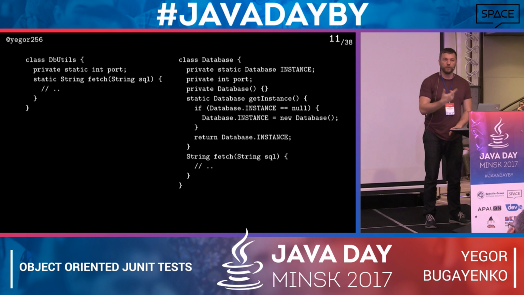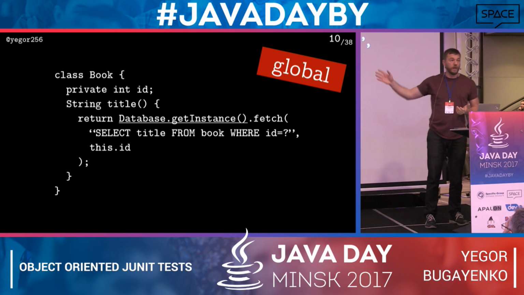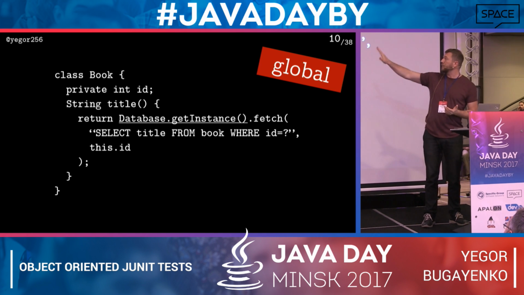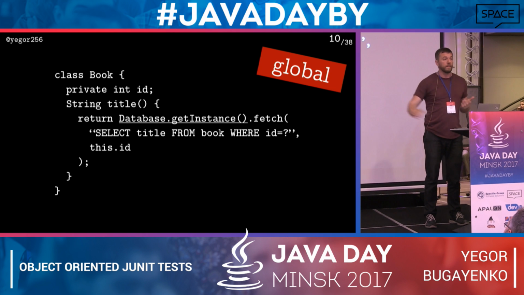It's close, but can you give a full answer? Why exactly the singleton? No, but the class is using the singleton. Look, there is no dependency. The class is doing Database.getInstance.